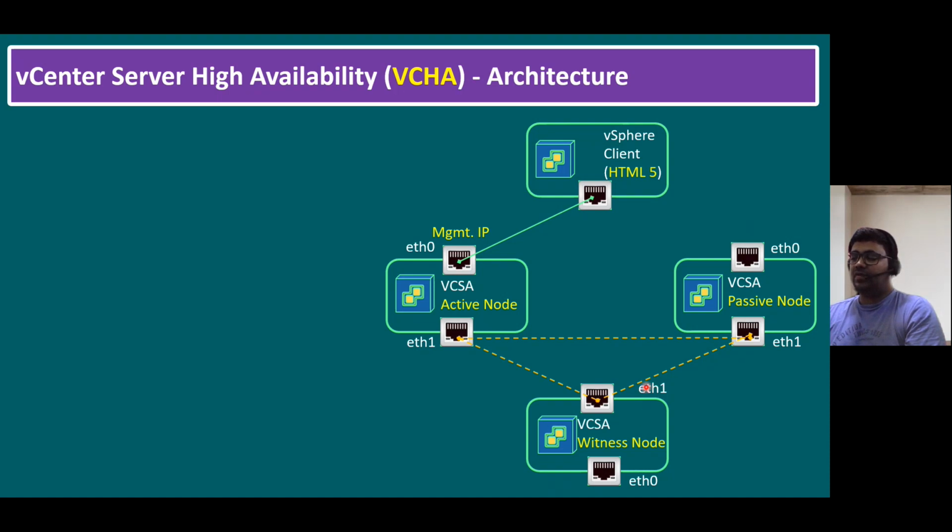This witness node also has two NIC cards, but in general, Ethernet 0 is in a disabled state and Ethernet 1 should be enabled. As we mentioned in the prerequisites, whatever NIC card we additionally add is not equivalent to the management network. As per VMware recommendation, we should maintain a different subnet, and this is like a private network. This Ethernet 1 connection is a private network.